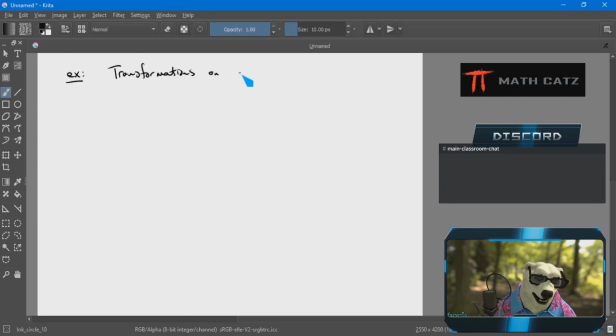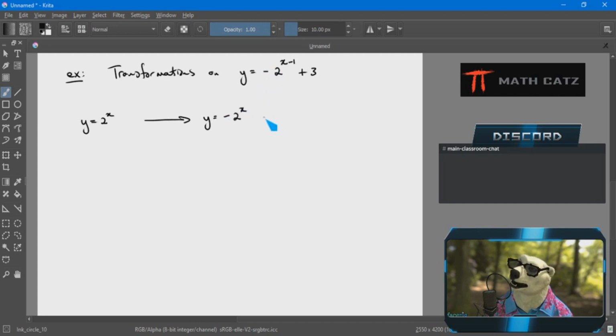Let's say we have y equals negative 2 to the x minus 1 plus 3. Just picking nice numbers to make the graphing easy. So then I'm going to start with 2 to the x. I prefer handling the numbers in front, so there's a negative 2 to the x. And then we'll take it to negative 2 to the x minus 1.